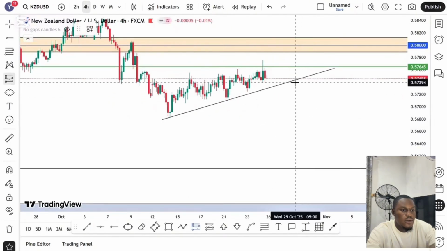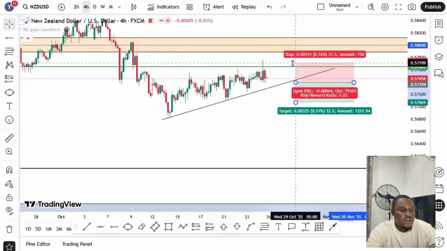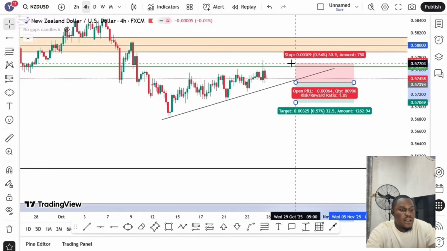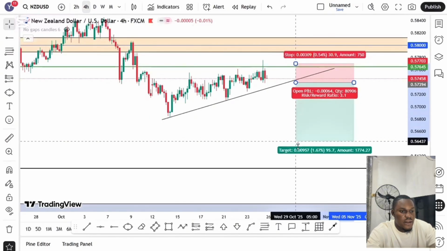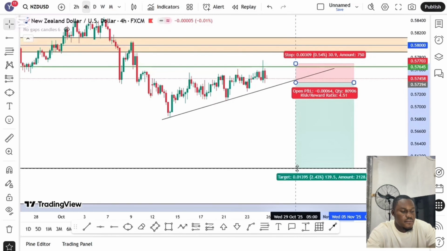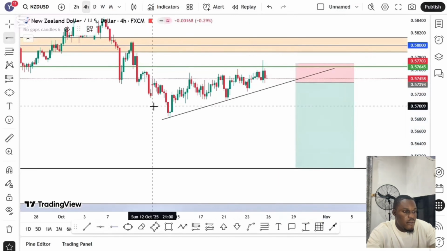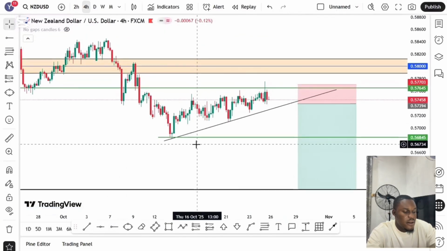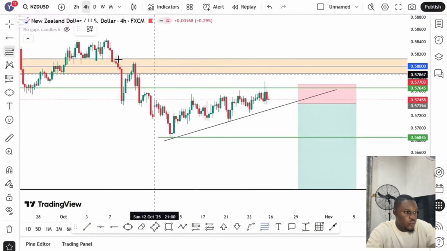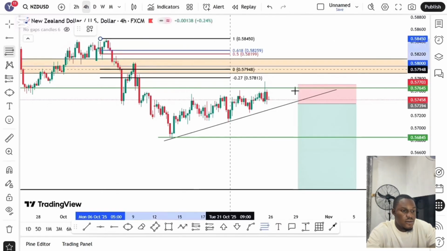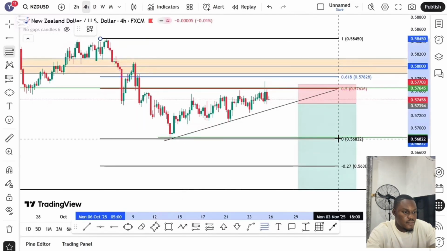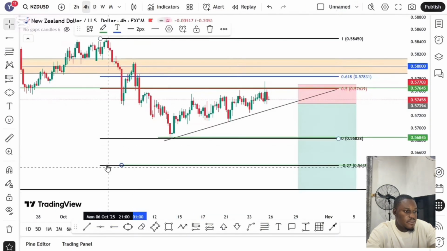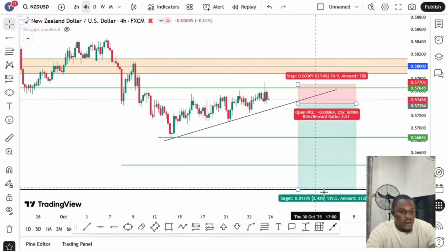If we break below, my stop will be above this green bar right here, then my take profit will be down right here, while my first level target will be here. Then my second TP, we use the Fib to detect our second TP. So my second TP will be here, and my last TP will be down here.